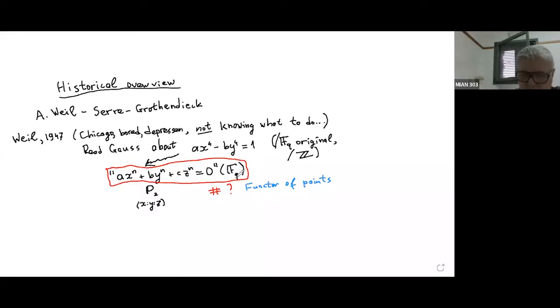The obvious part was the set of solutions over just the residue field, but the deeper question is related to studying the solutions over the extension fields, where in some sense r tends to infinity.